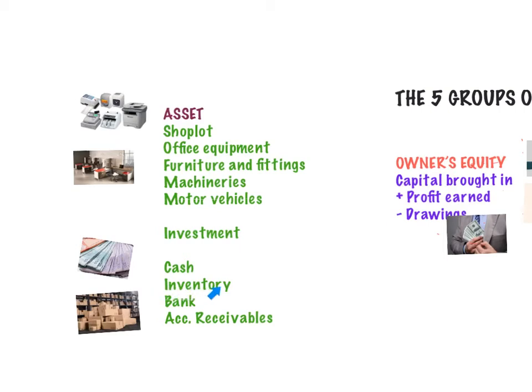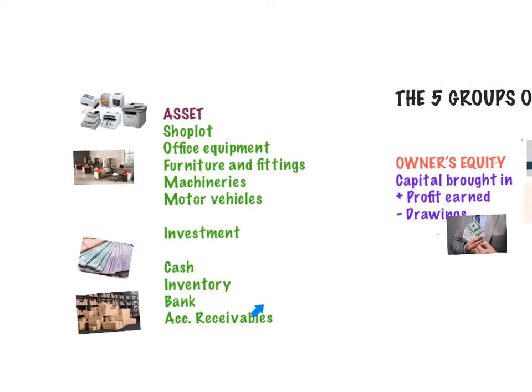And then you will need to buy some inventory, because these are the things that you need so that you can sell. Okay, and then some cash will also be put away in the bank account. And then there will be some account receivables.